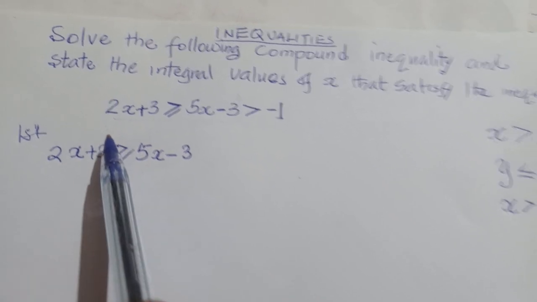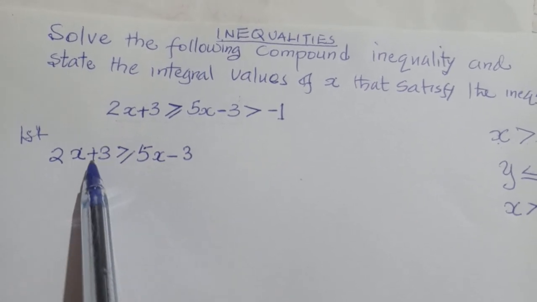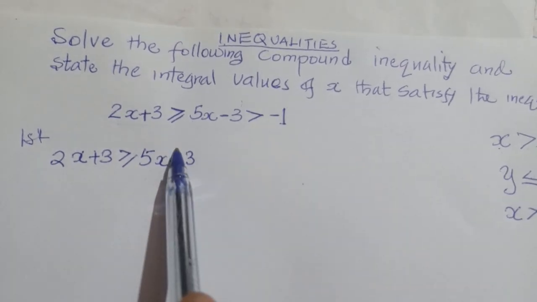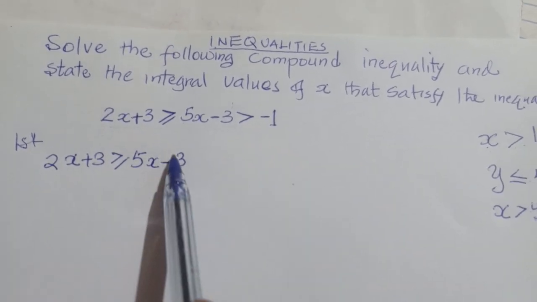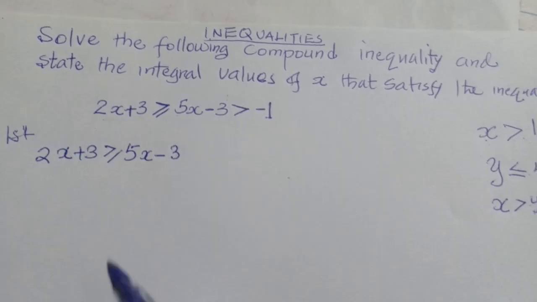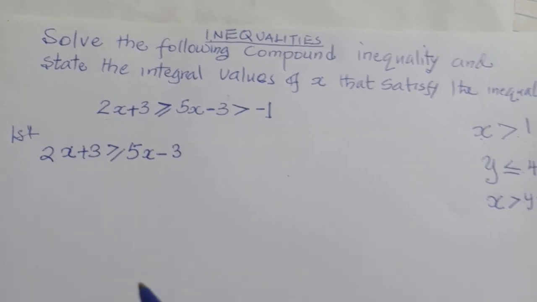So in my case, I would like to take 2x to the other side and negative 3 to the other side. So my aim is to collect like terms.